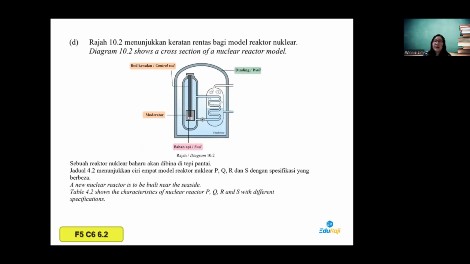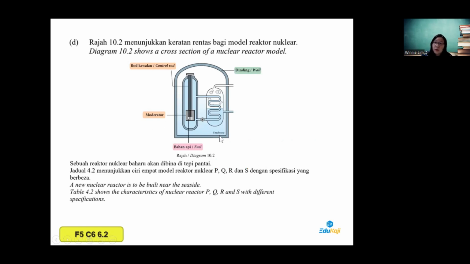Okay, then part D again is a table question. Diagram 10.2 shows a cross section of a nuclear reactor model. The nuclear reactor is to be built near the seaside, and they will give you specifications. So all the given labelled diagrams are important for you, because sometimes you don't know where the location of the control rod is or what those things are.